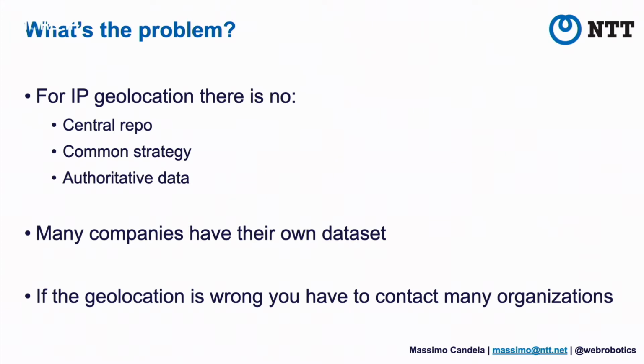Now, what is the main problem? When you have IP geolocation that is wrong, there is no clear answer on how you can fix it. There is no defined path. So basically, there are various repositories. There is no central repository, no common strategy, no authoritative data. Some of these are provided by geolocation providers.